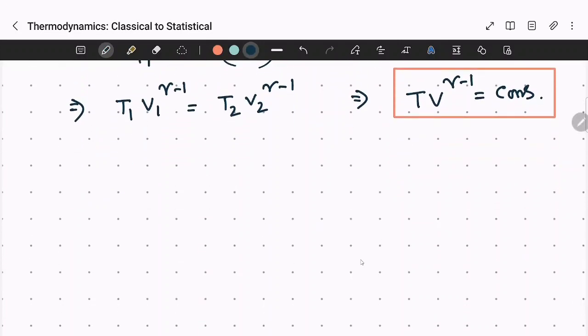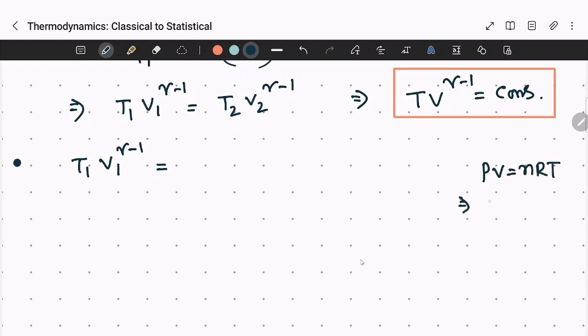Now for the second relation, if TV to the power gamma minus 1 is constant, from here we can also write T1 V1 to the power gamma minus 1. This can be written as, we know that for an ideal gas PV equals nRT.